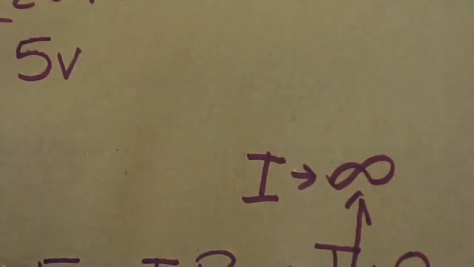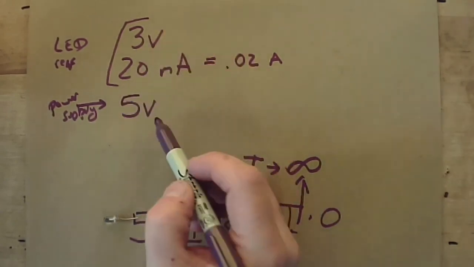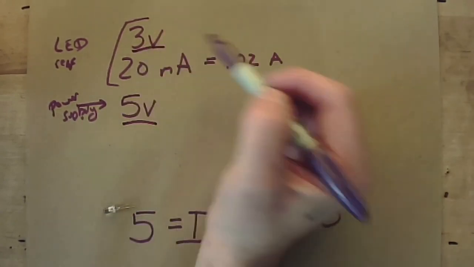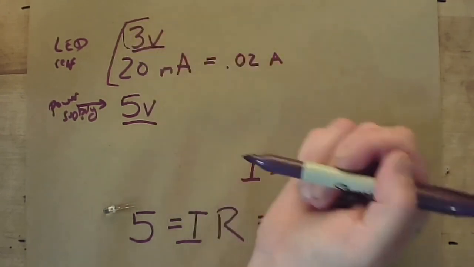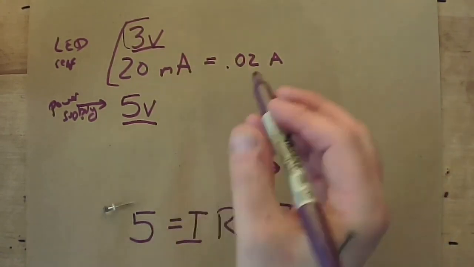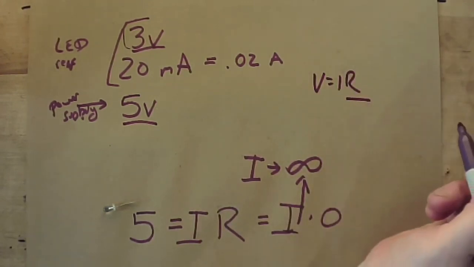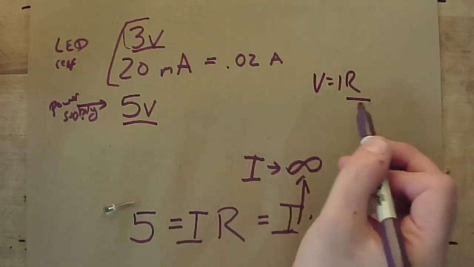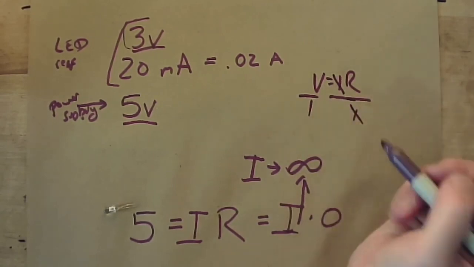And so what we do once we calculate a resistor value, then we can grab it from the book. But here, if my power supply is 5 volts and I want to use up 2 volts to leave me with 3 volts left for my LED, I'm going to use Ohm's law. So we have Ohm's law, V equals IR, and we're going to solve for R. V equals IR, we divide both sides by I to cancel this I out.